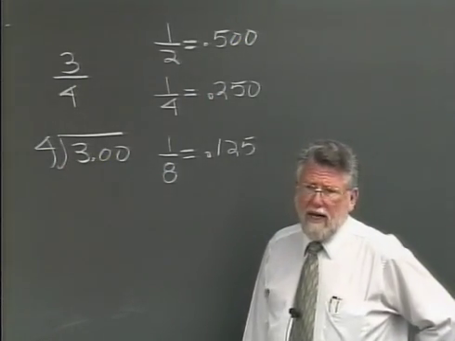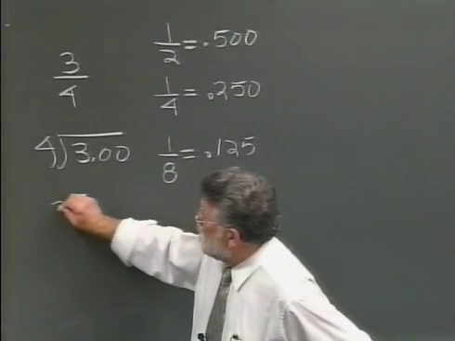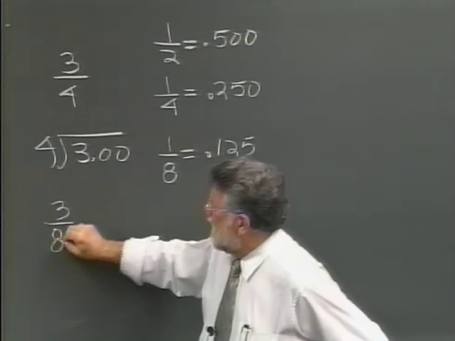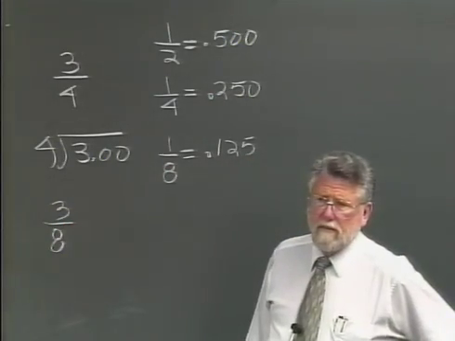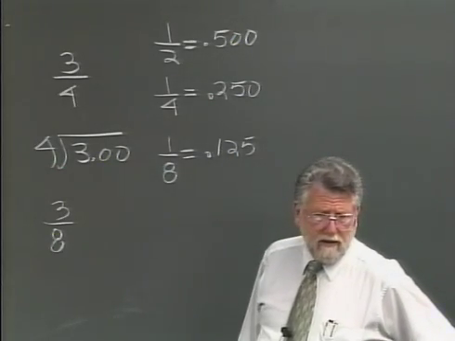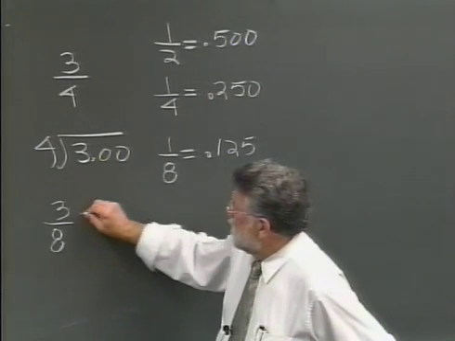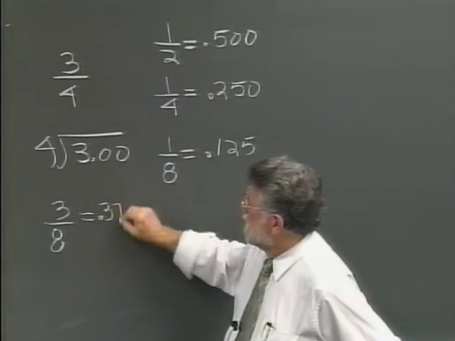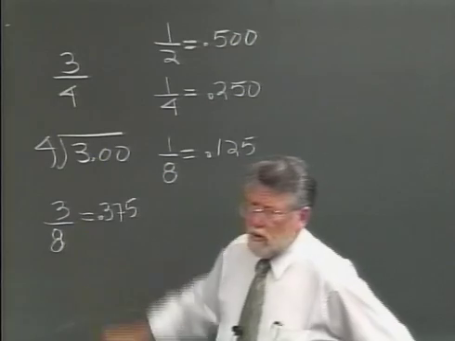So if I know 1/8 is 0.125, do I immediately know 3/8 without dividing? It's 3 times this. So what's 3 times 125? 375, correct? So you can use some shortcuts.